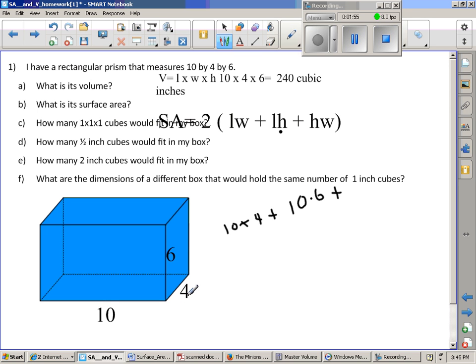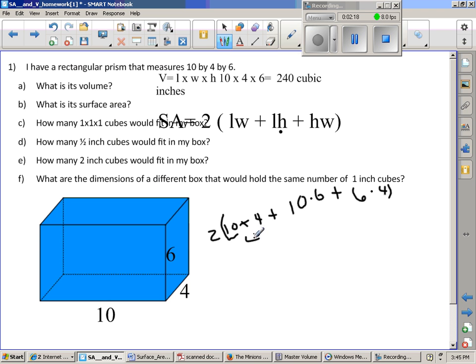and so I've done my length times my width and my length times my height. Now I'm going to do my height times my width, 6 times 4. And remember, we're going to double this because the 10 times the 4 would be here on the front, the 10 times the 6 would be here on the top, and the 6 times the 4 would be here on the side, so that's only 3 sides. I have to have those other sides that I can't see.